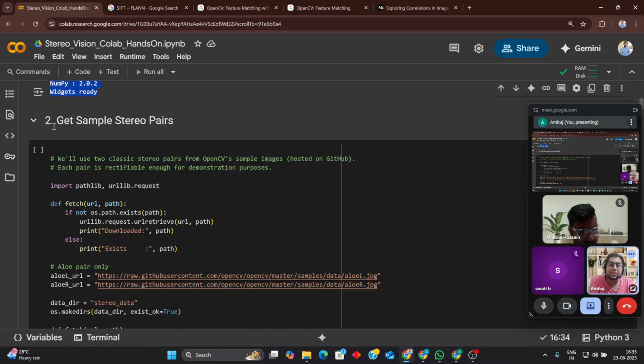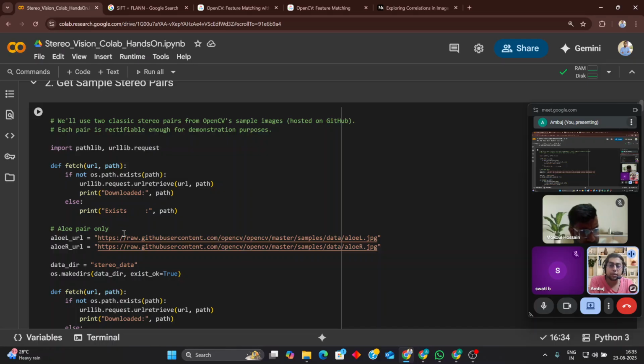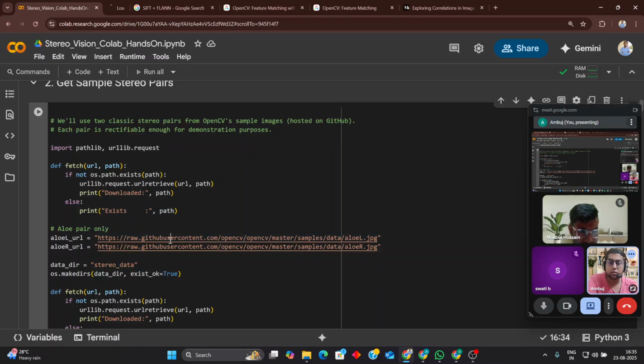Now I will get some sample stereo pairs. These stereo pairs are nothing but sample images obtained from two particular cameras. If you go through this particular image, I'll press Control and click.